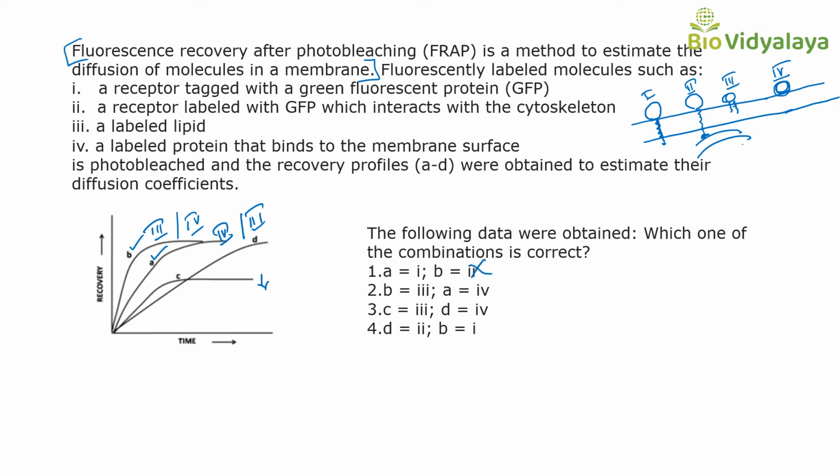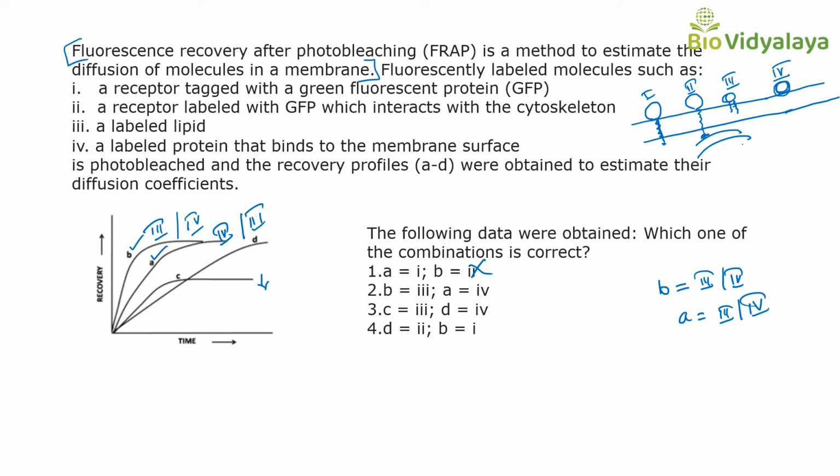We can eliminate this option. So B will be 3 or 4, and A will be 3 or 4.